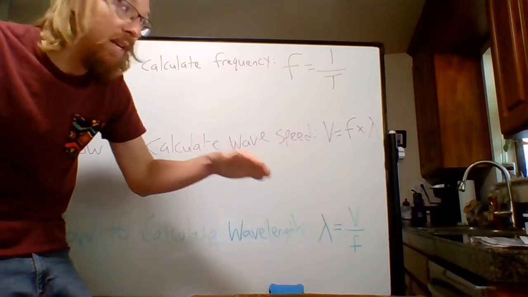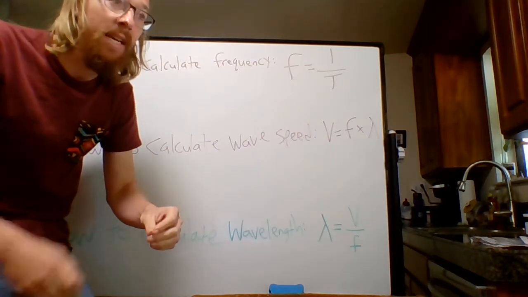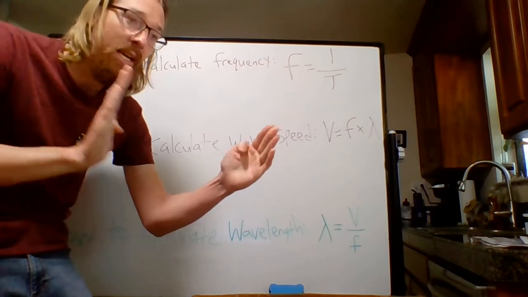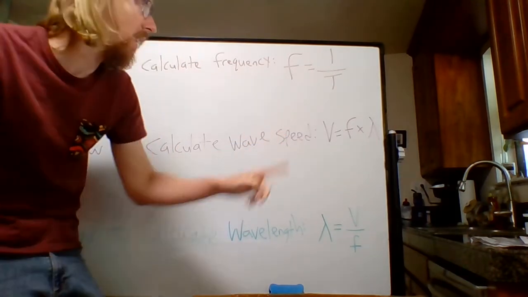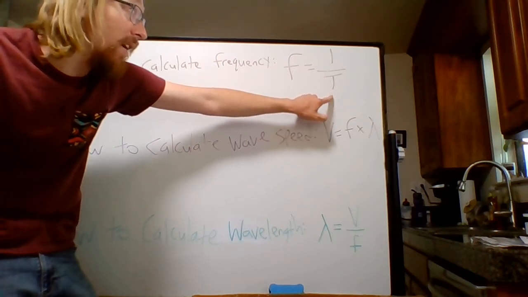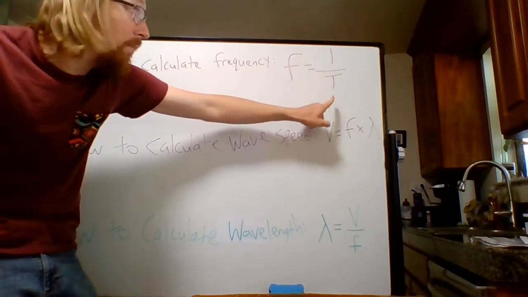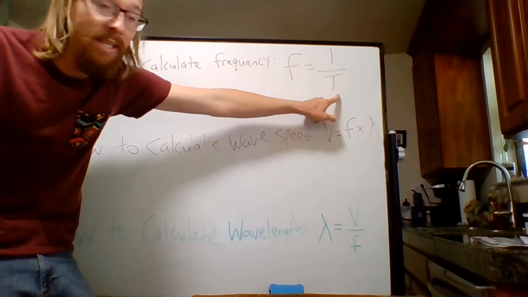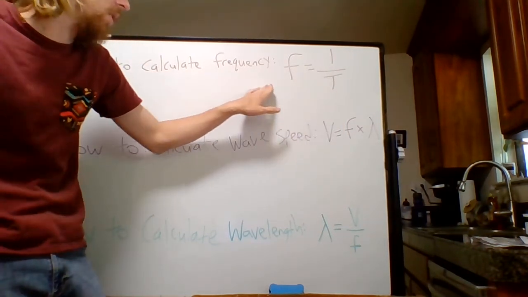The giveaway is that it's asking for frequency, and then it gives you the time that it takes for the wave to travel the wavelength. You put the time in the denominator. You just do 1 divided by whatever that number is in seconds, and that'll give you your frequency.